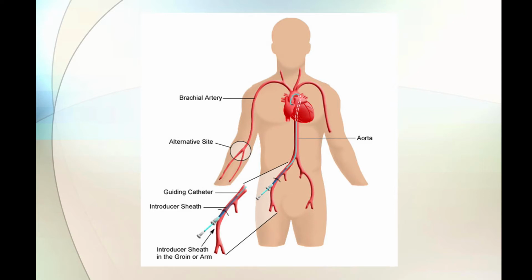So once in there, they're going to measure the O2 saturation in the chambers. They're also going to look at the pressure. This is really important to find out what the gradient pressure is in particular. They're going to evaluate the cardiac output. Is it sufficient? Is it too low, too high? Is the heart overfull?